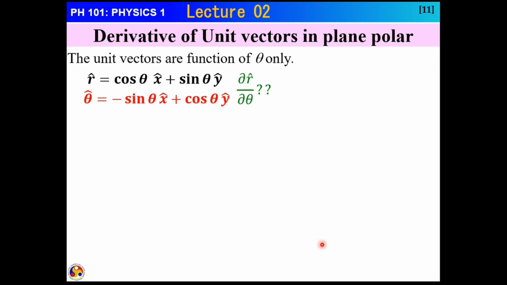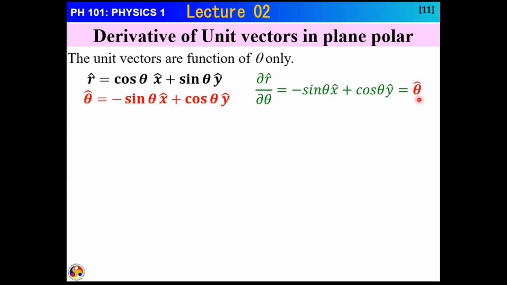So what is the value of del r cap by del theta? Well, you can get it from this here, and the answer will be minus sin theta if you do differentiation with respect to theta. So cos theta will become minus sin theta and sin theta will become cos theta. And what is this? This is nothing but theta cap.